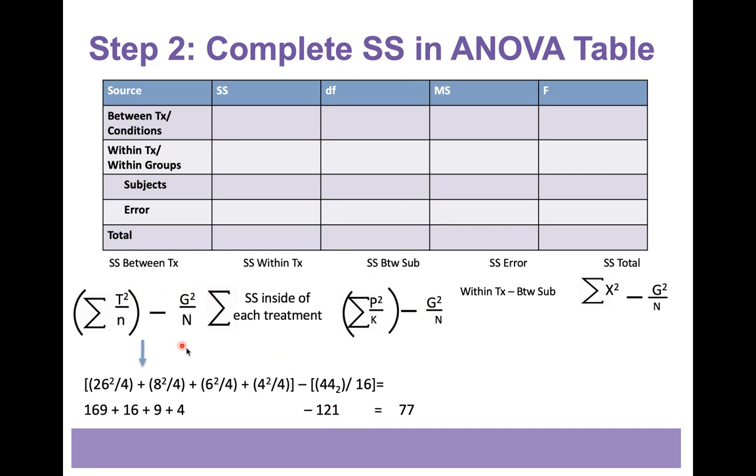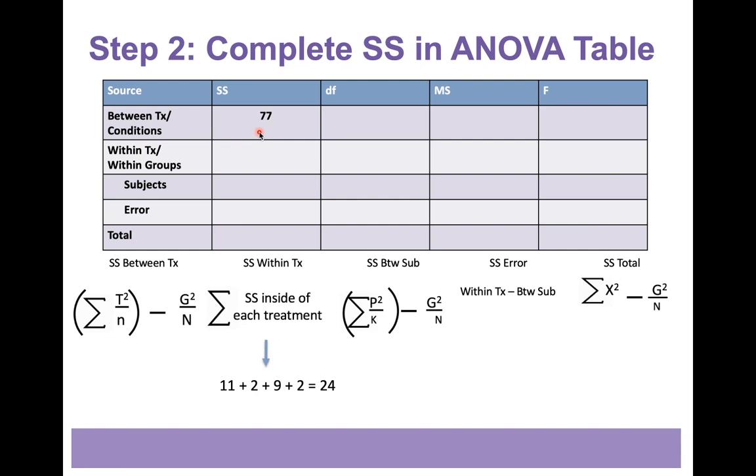So that's the right side of this equation. So we go 169 plus 16 plus 9 plus 4 minus 121 gives us a sum of squares between of 77. So that's going to go up there. So all that to fill in this one box.